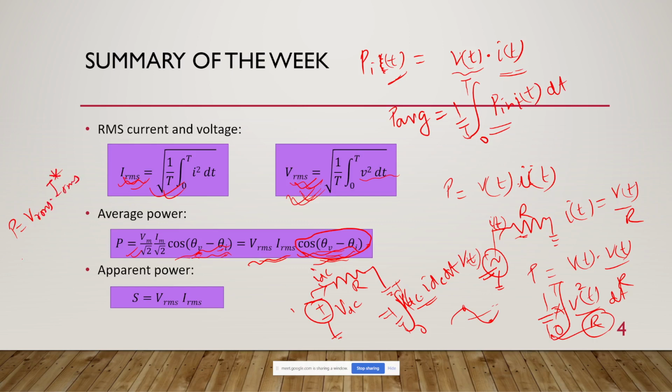Something of this kind, right? So when you introduced this notion of complex power, this was just for mathematical convenience. It is not something which is real. When you write it in terms of Cartesian coordinates, you get P equal to Vrms times Irms times cos of theta v minus theta I, because there is a conjugate here, plus j times sine of theta v minus theta I, isn't it?